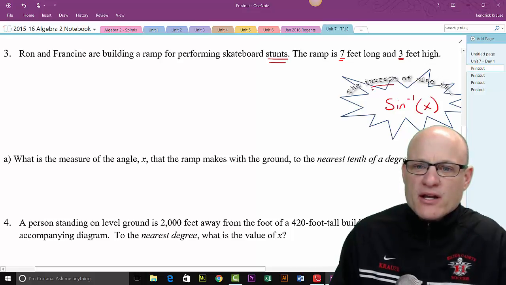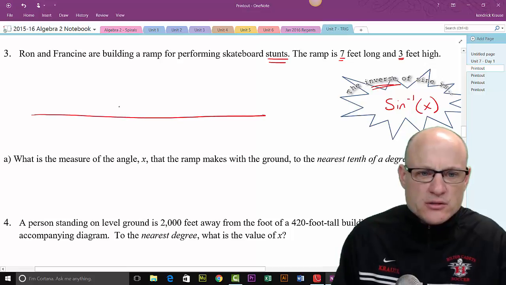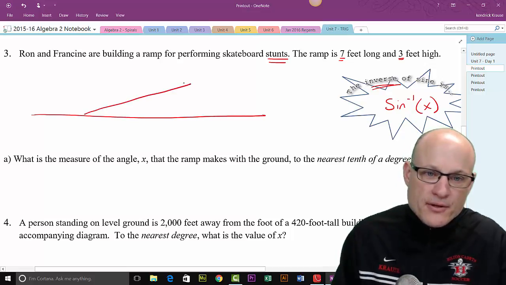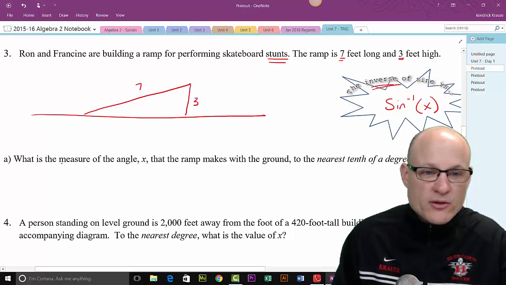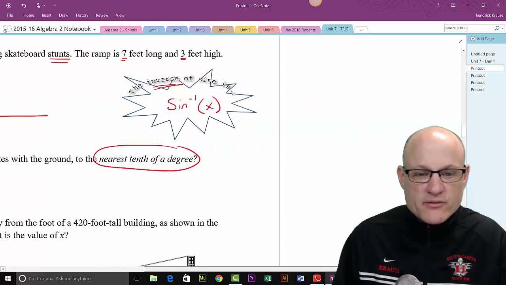Oh, I think in class I asked you about that, and I thought I said inverse is sine -1. So let's see. We've got the ground. We've got a ramp that's 7 feet long, and it goes up 3 feet high. The question says what is the measure of the angle to the nearest tenth of a degree? You can't see that, probably behind my big head.